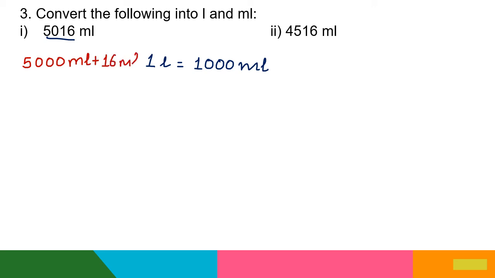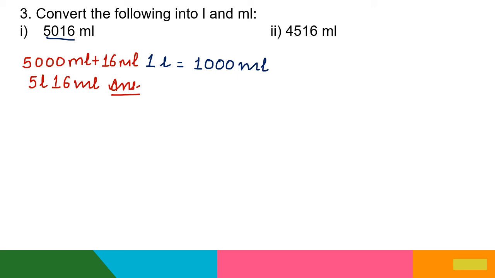We have expanded it this way because we want the 1000 place separated. Now this 5000 milliliter will be equal to 5 liter, as 1000 milliliter is 1 liter. And 16 milliliter will be written as it is. So 5016 milliliter is equal to 5 liter 16 milliliter.